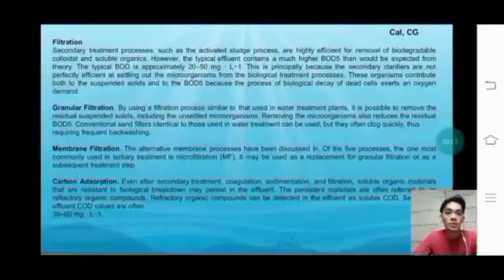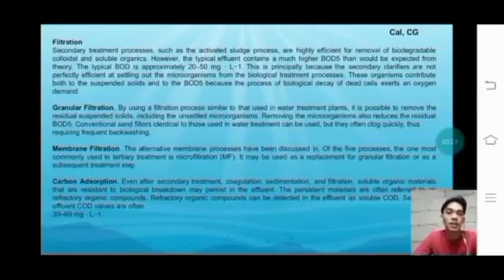Filtration. Secondary treatment processes, such as the activated sludge process, are highly efficient for removal of biodegradable colloidal and soluble organics. However, the typical effluent contains a much higher BOD5 than would be expected from theory.